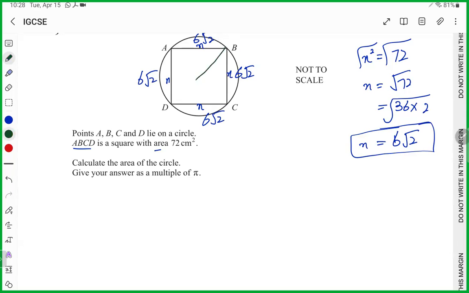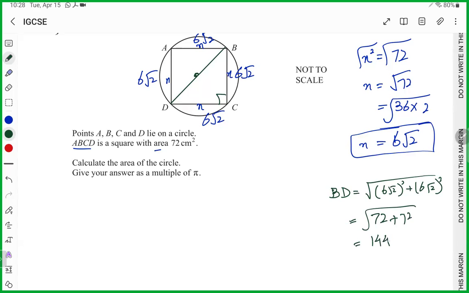We're looking for the diagonal, right? So that would be the hypotenuse of this triangle BDC. So BD is equal to under root of 6 root 2 square plus 6 root 2 square, right? It's going to be 72 plus 72, 144.